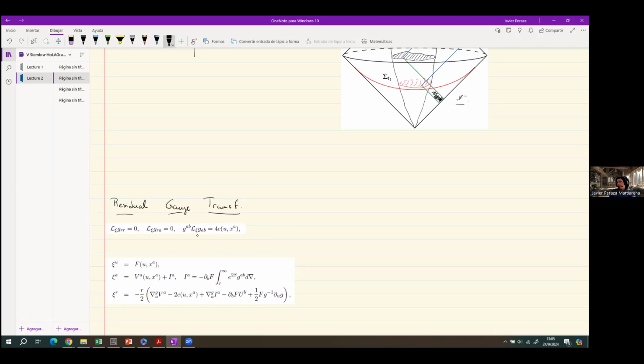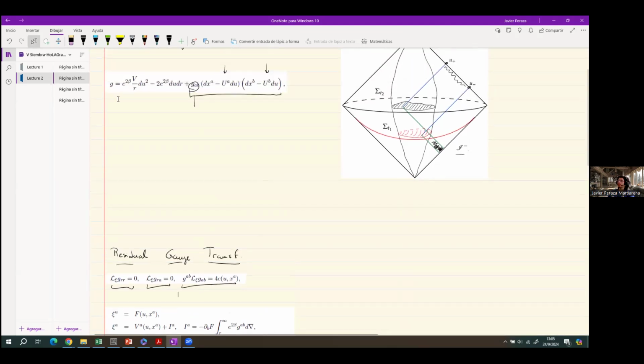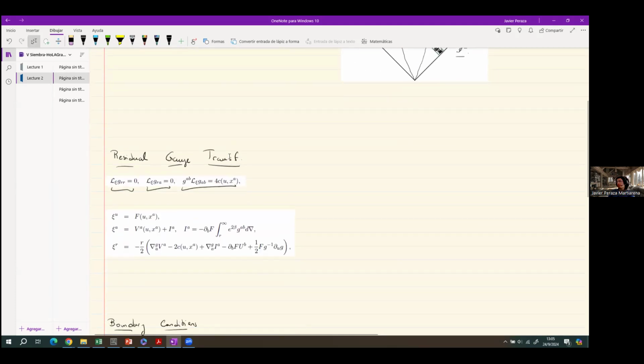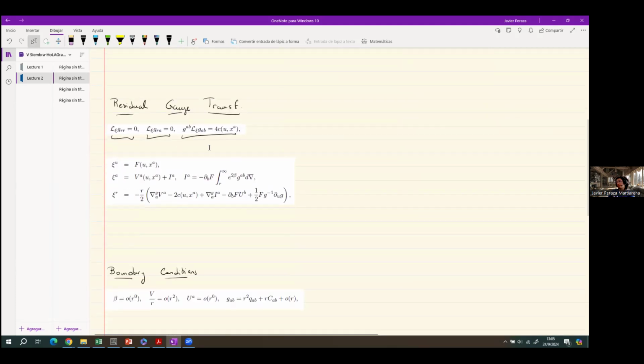Now, once we impose these conditions, we solve in terms of the functions b, beta, u, and what we obtain is the form of these diffeomorphism fields. So the generators of the diffeomorphism first start with some function f, which depends on u and x^A, which means that it doesn't depend on r.